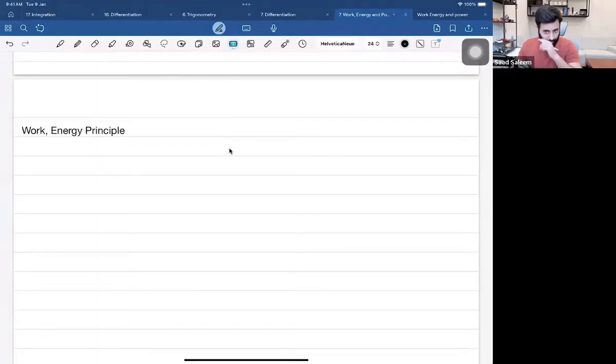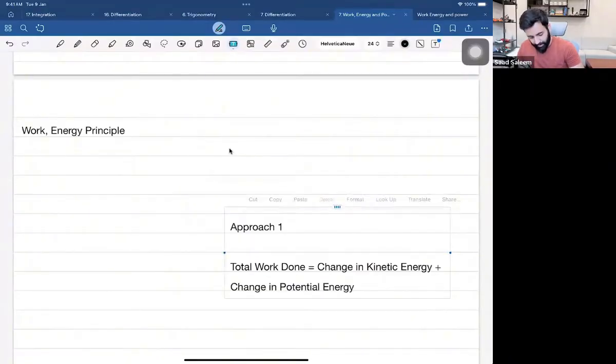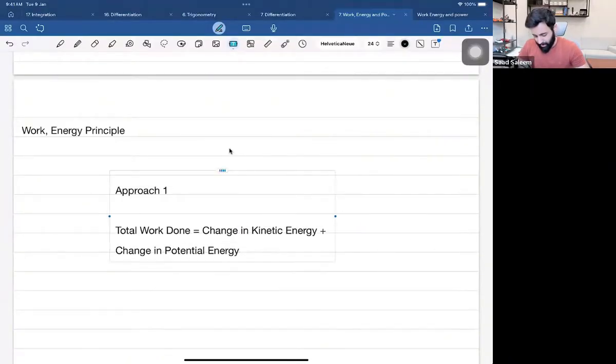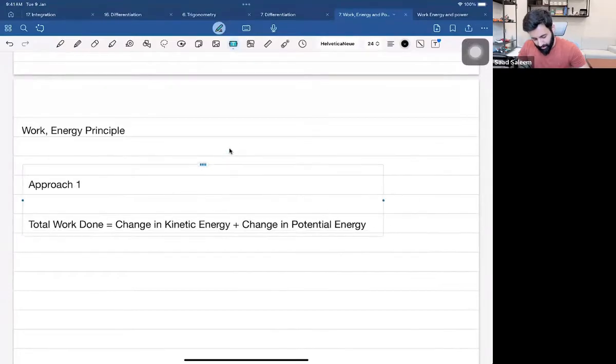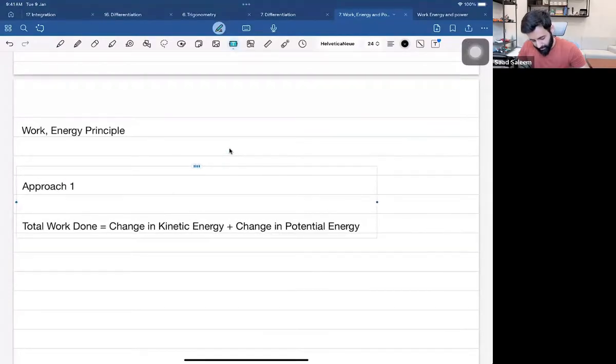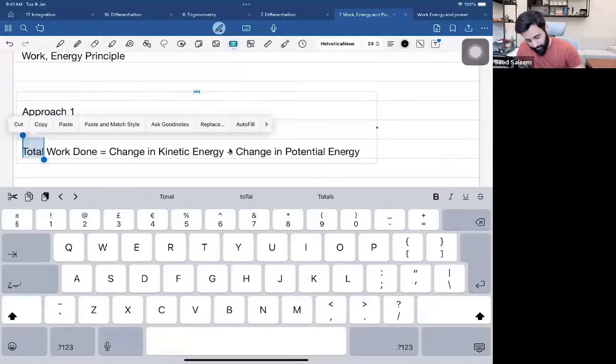In today's class, we're just going to stick to the first approach, and in the next class, inshallah, we're going to look into the other way. So approach 1 is that the total work done is equal to the change in kinetic energy plus the change in potential energy.